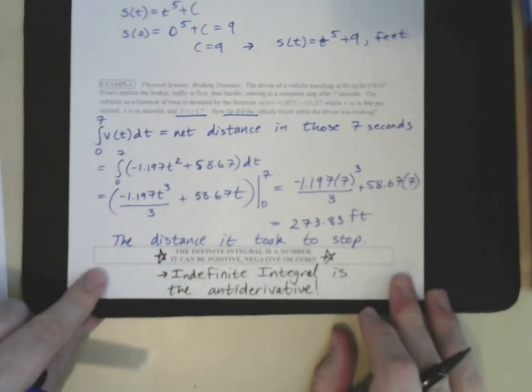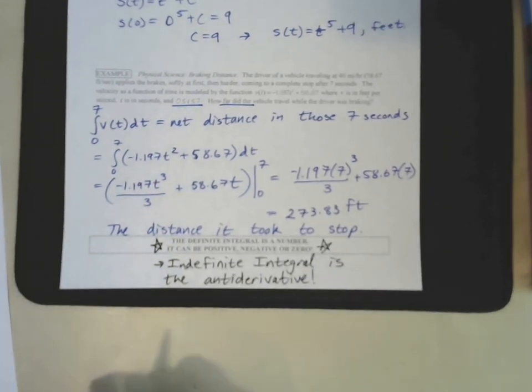So if you're ever not sure which one you're supposed to use, think about what you want from the problem, what it's asking you for. If it's asking you for a value, then you're doing a definite integral. If it's asking you for a function, you need to do an indefinite integral. And with that is the end of 4.3.